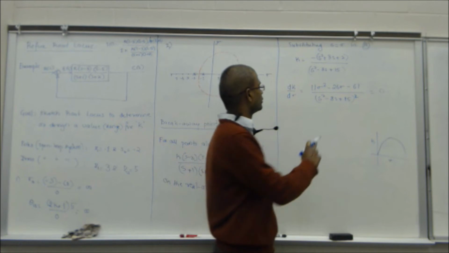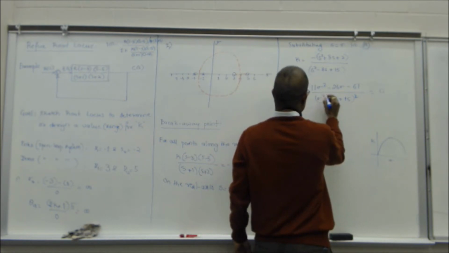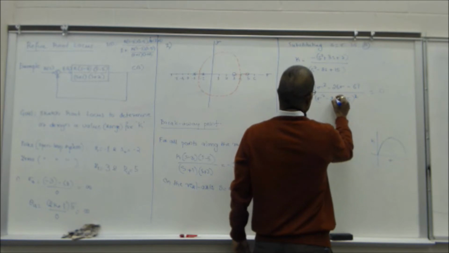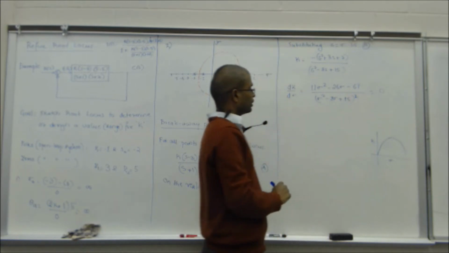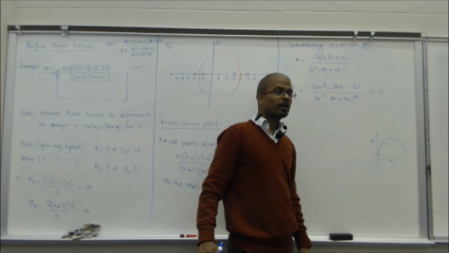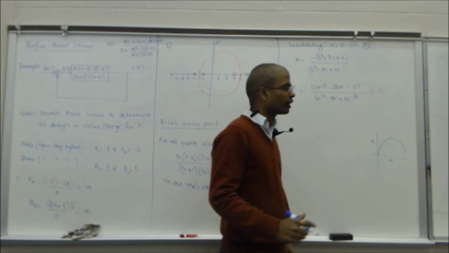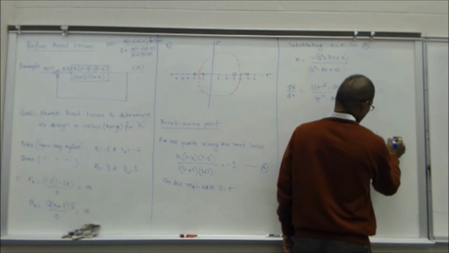In this one? Oh yeah, you're right, it is sigma square. Sorry. If you look at this curve, where is the maximum value of K? This is the maximum value of K, right?